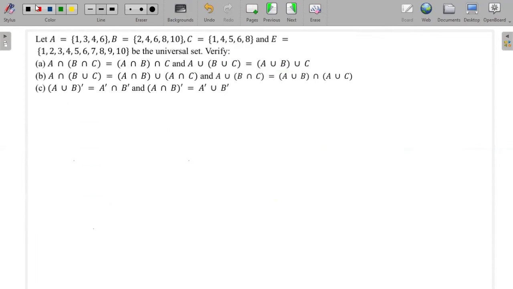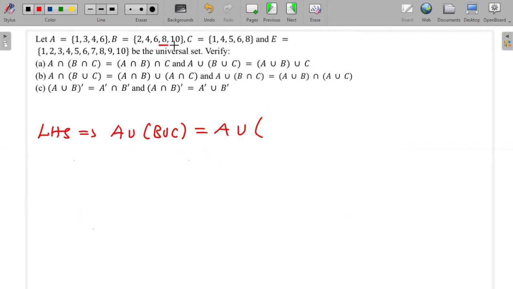So for that one, I'm going to say the left-hand side is equals to A union B union C. So this is going to be equals to, okay. So my A, I'll just leave it. I'll just write A union. And then what is B union C? So B union C, we're getting everything that is in B and C, and then we're putting them together.